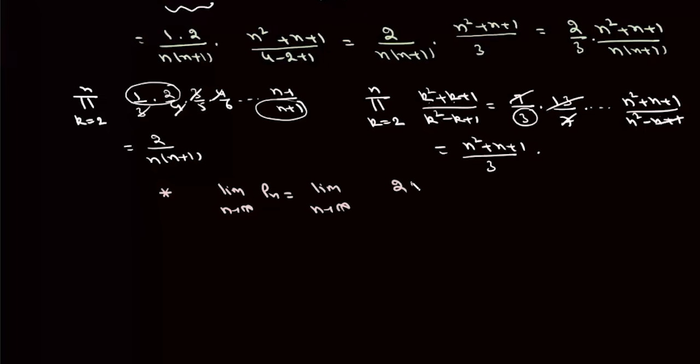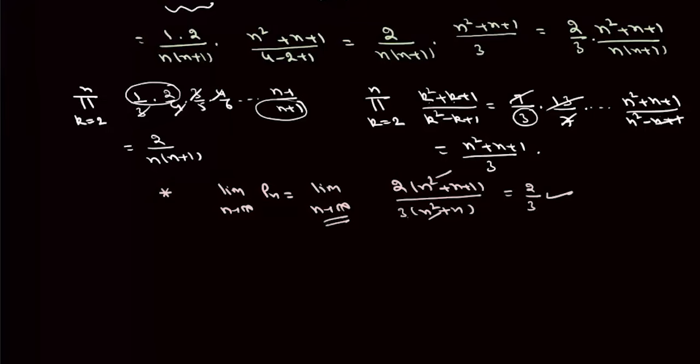So it is 2 into n square plus n plus 1 upon 3 into n square plus n. Now since this is an infinite limit, the degree is the same. So it has a finite answer, and the answer will be the ratio of coefficients of the highest power, n square. We have studied all this in limits. So the answer to this will be simply 2 by 3.